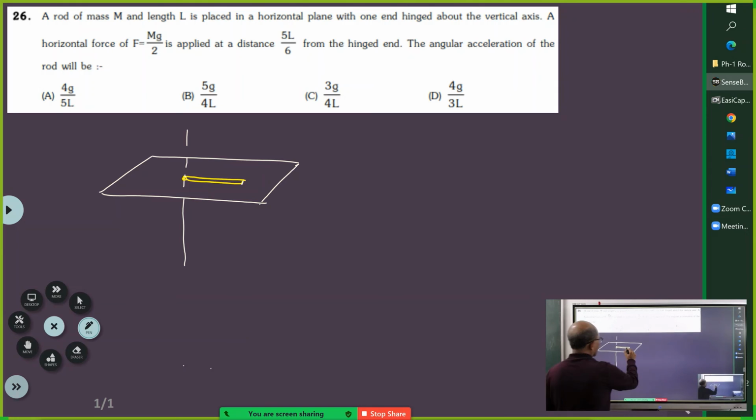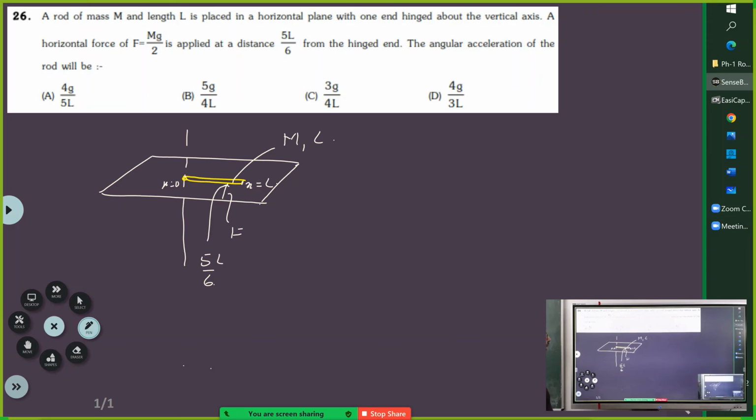The mass of the rod is m and the length is l, so this is x equal to 0, this is x equal to l, and a horizontal force F is applied at a distance of 5 l by 6 from the hinge. At this point you are applying a force F, and this point is at a distance 5 l by 6.